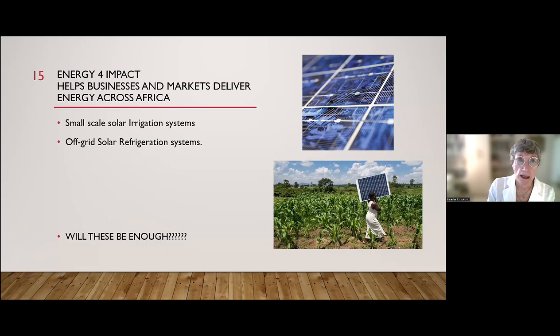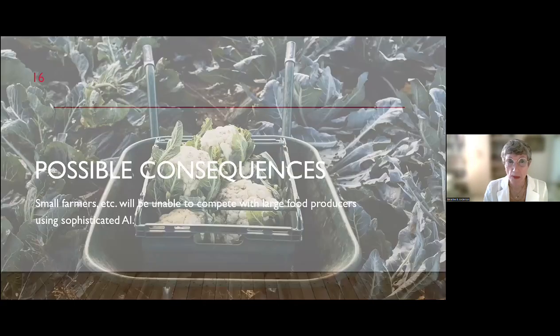This company, Energy for Impact, is also producing an off-grid solar refrigeration system. This would allow the small farmer to keep their produce refrigerated until they could get it to market. The real question is, are these going to be enough? Will they really solve things for the small farmer that we're talking about in this target?